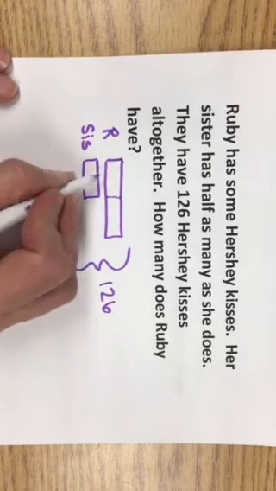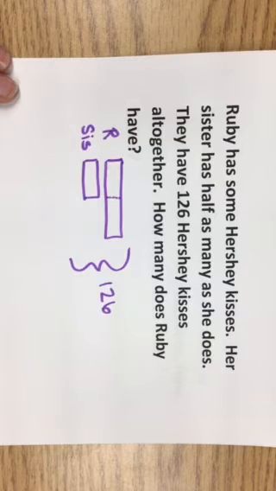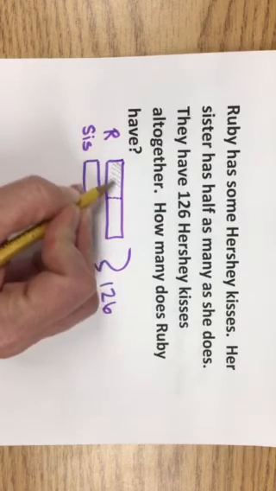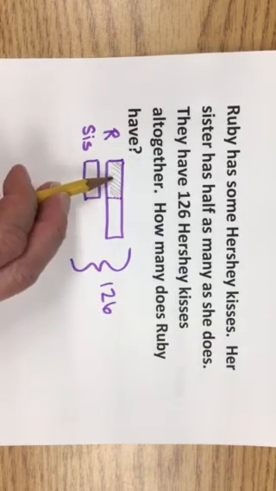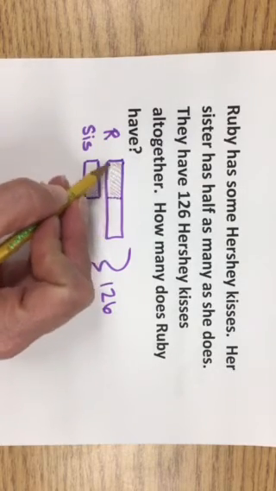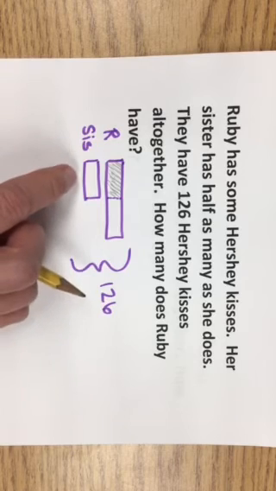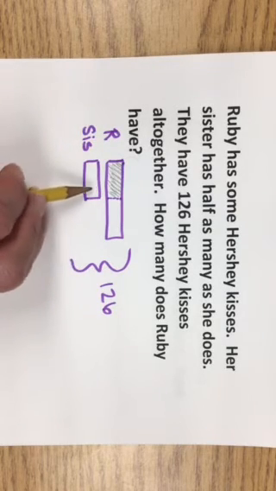So altogether we can see that they have 3 pieces. Now from there, our goal is to identify or isolate the value of one piece. Because once we know the total of one piece, we can solve for the total amount, or how much in this case Ruby has. Okay, so what should we do here, people?